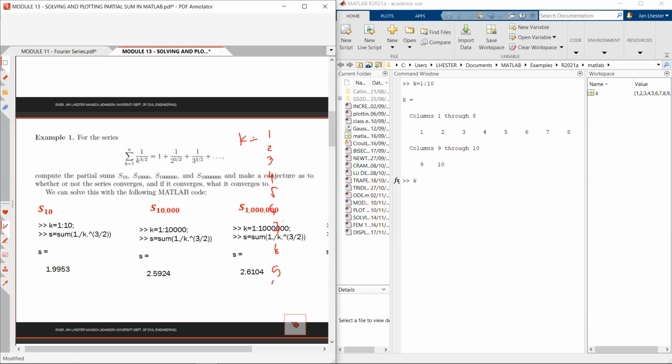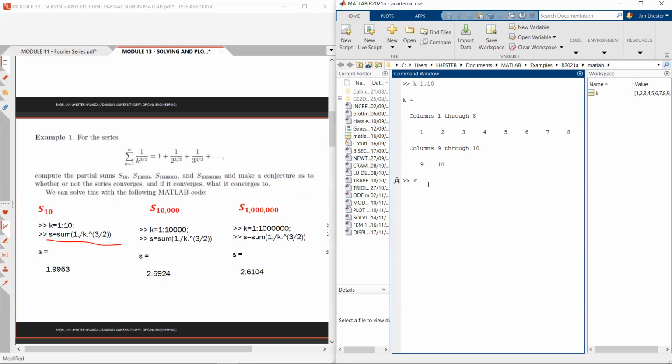Then taking the syntax sum, S equals sum, using element wise, so we put a dot: S equals the sum of 1 over k dot raised to 3 halves.